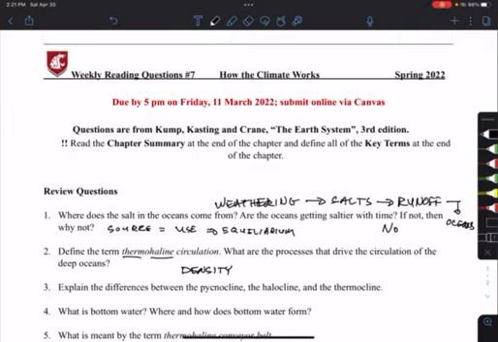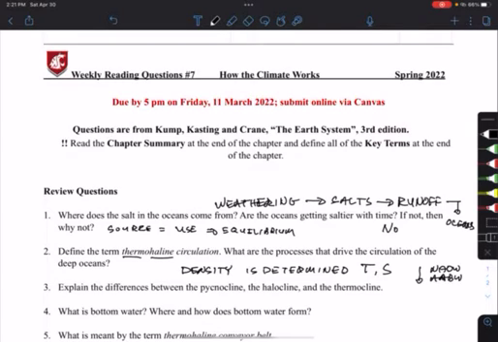Density is determined by both the temperature of the water and the salinity. And so when you have cold water and saline water, that's going to be dense, and that water is going to want to sink. And that's what happens in the North Atlantic deep water and the Antarctic bottom water.